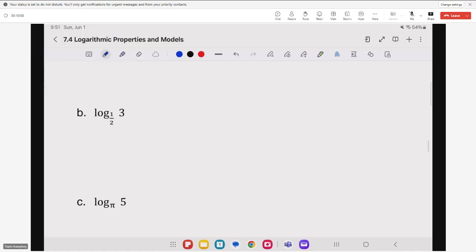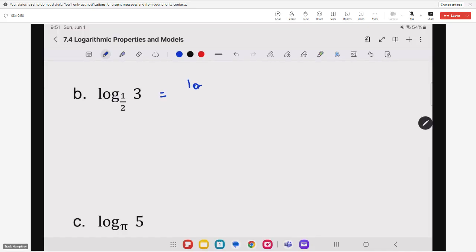Okay, let's do one more of these. And for this one I'm going to use common log. So this would be log base 10 of 3 over log base 10 of 1/2.